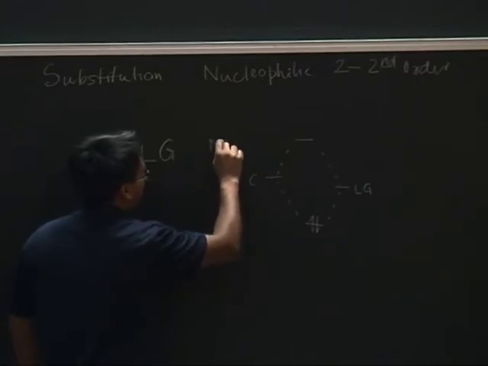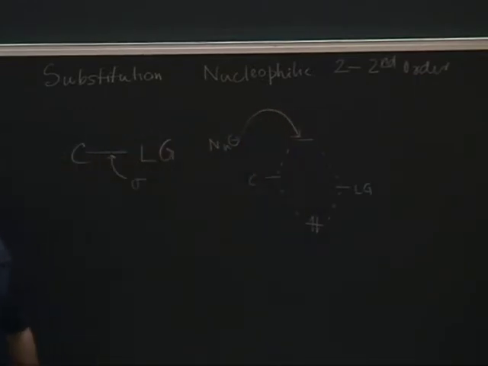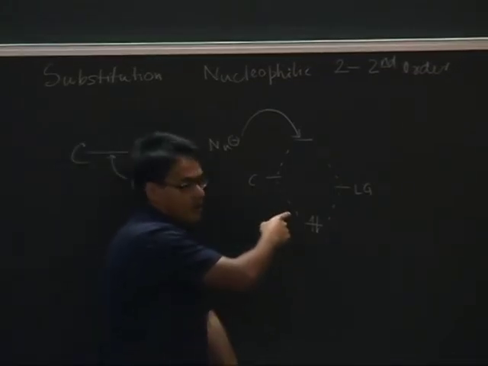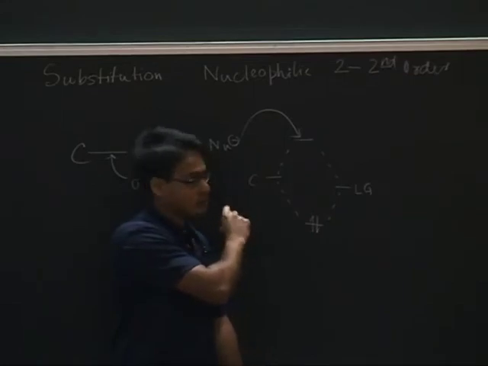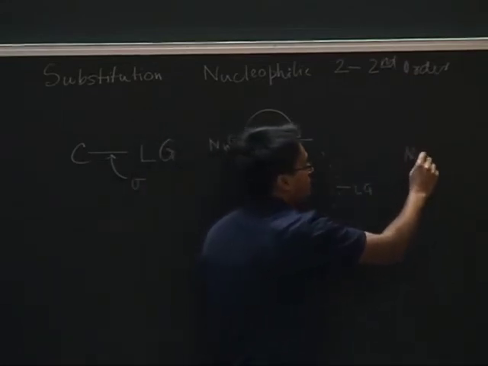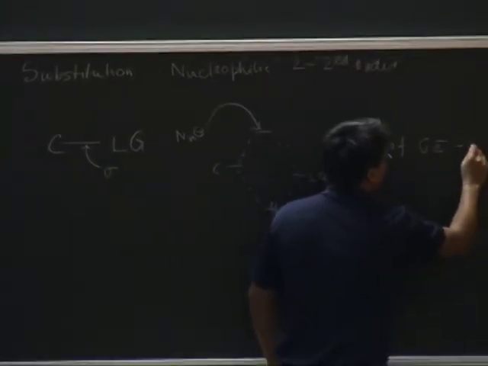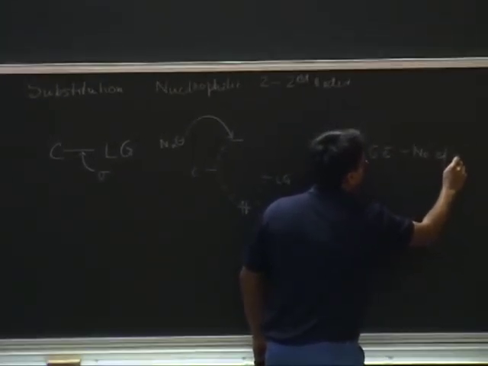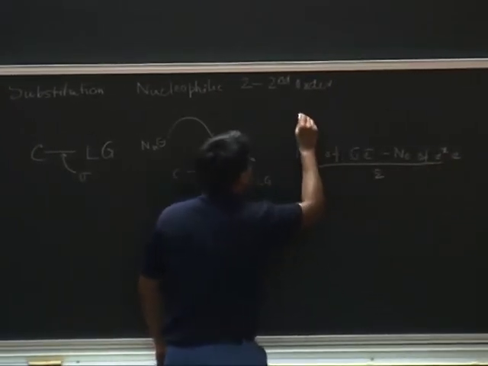So, if the nucleophile puts its electrons over here, what's the bond order right now? Bond order means number of bonds, which is also equal to the number of sigma electrons minus the number of sigma star electrons divided by 2, and that is the number of bonds.